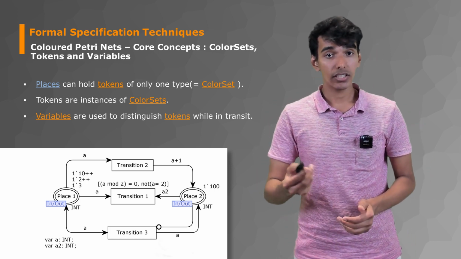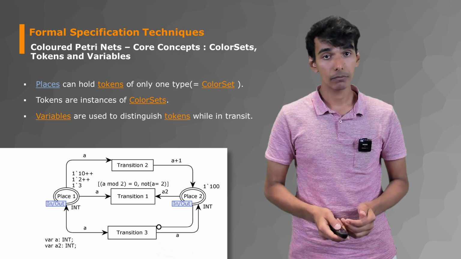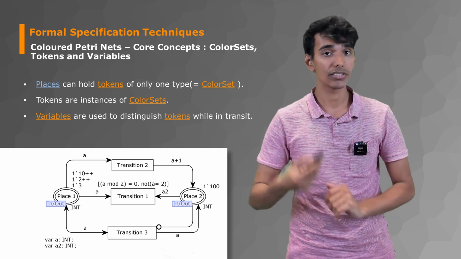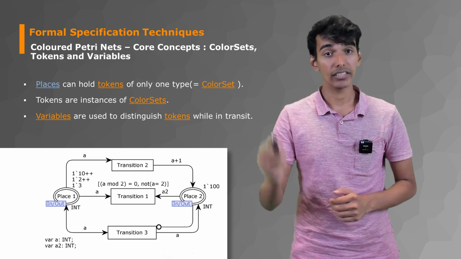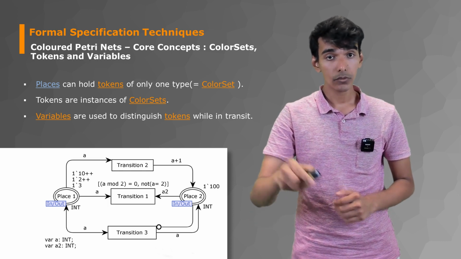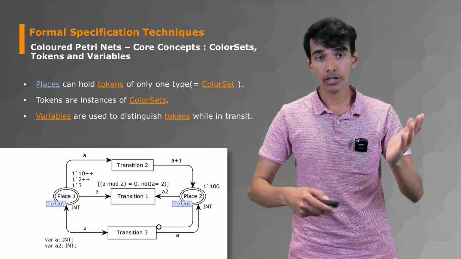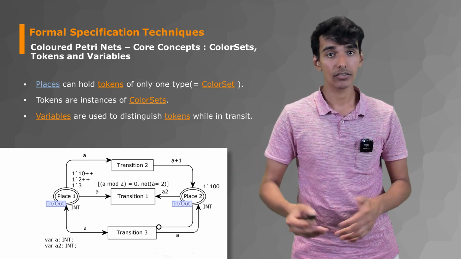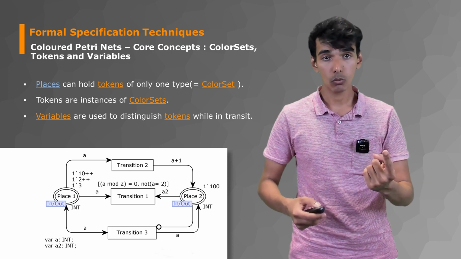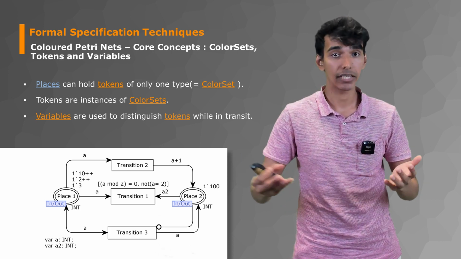And as you can see on the top right of this place, there is this notation that specifies which tokens are currently residing inside of this place. So in this specific example, you see that there is a 1, a dash, and a 10. This essentially signifies that there is one token with the value 10 inside of this place 1.